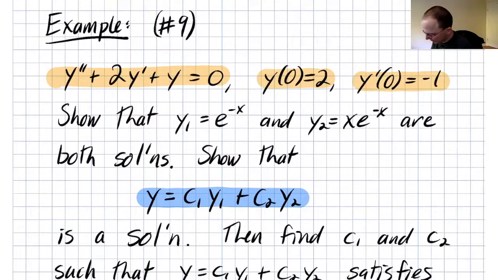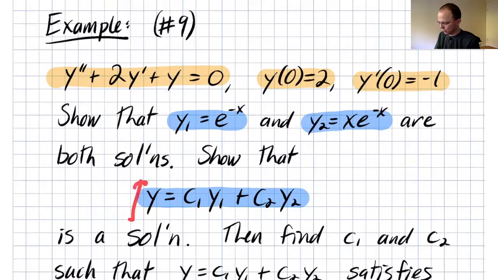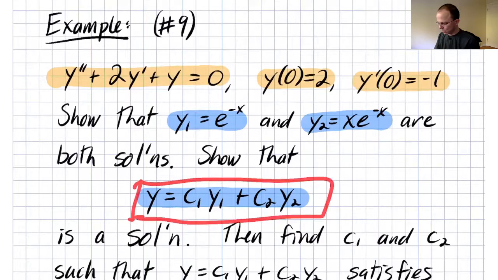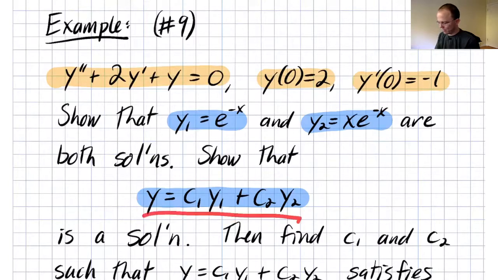So we're going to start by showing that these two functions here, this one and this one, are both solutions of this differential equation. And then we're going to combine them as a linear combination of those two solutions. And we'll show that indeed this is going to be a solution as well.